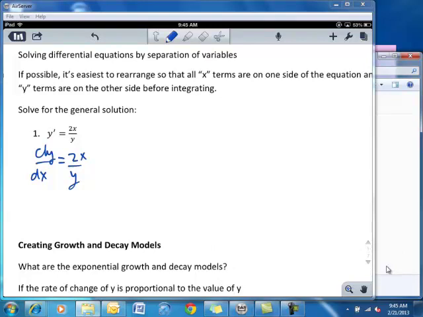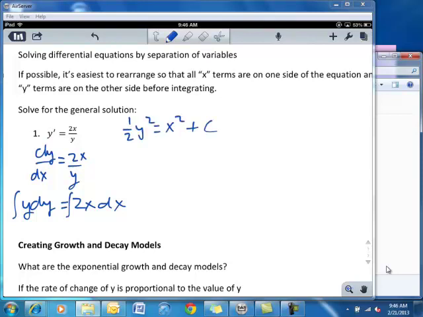All right, Victoria, how did you separate the variables? I got y dy equals 2x dx. I agree, that's good. Sam, what comes next? I integrated and got 1/2 y squared equals x squared plus c. Very good.